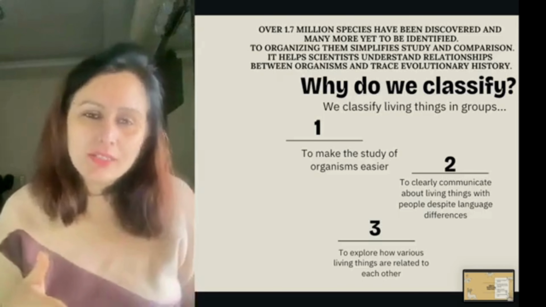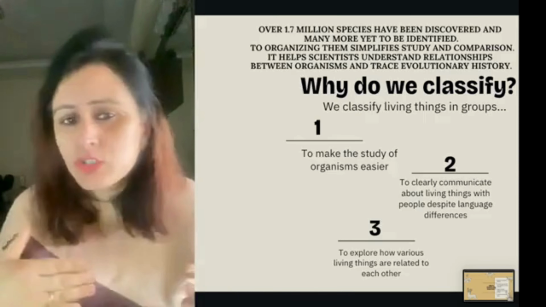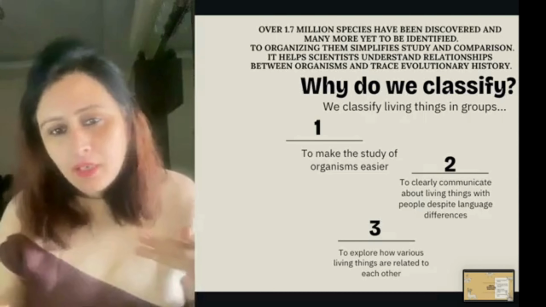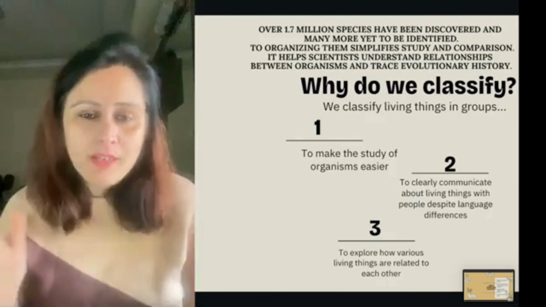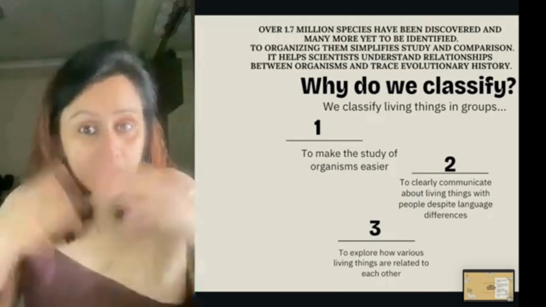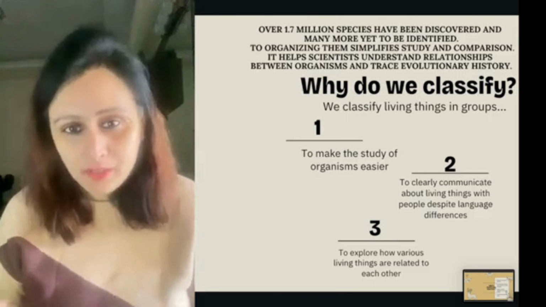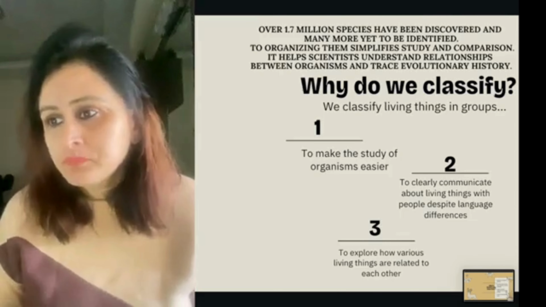As we have discussed earlier also, all the living beings are related to each other. ठीक है? अब किसका impact किसके ऊपर कैसा आ रहा है? How do we know? Unless we classify or organize them in a manner कि हम सब organisms के बारे में पढ़ सकें और उनके बारे में जान सकें, right? So that is why classification is important.